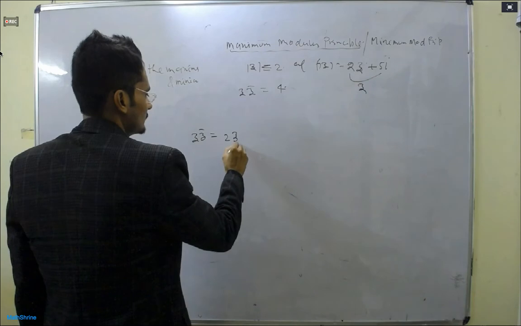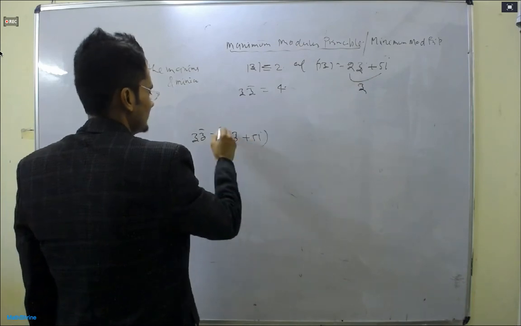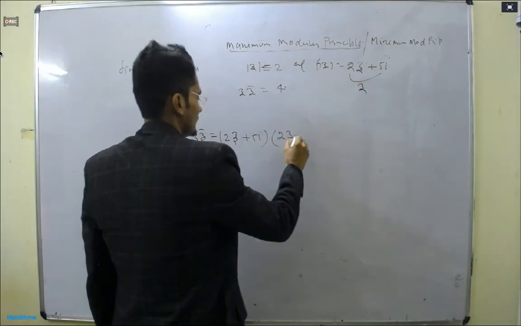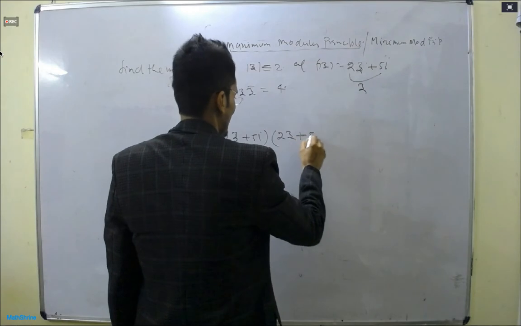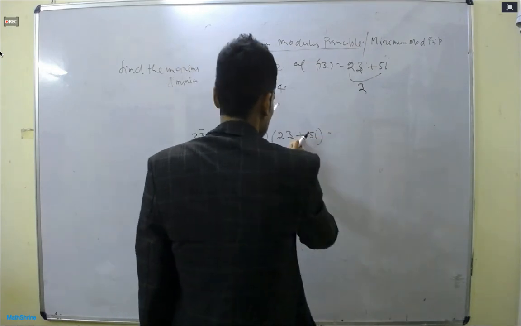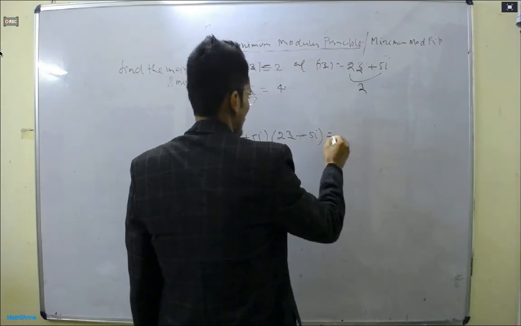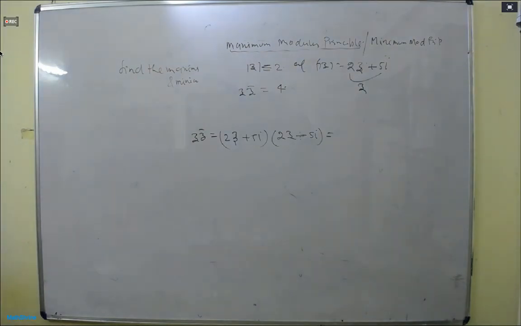So 2 into 2 is 4z square plus 25, remaining plus, in calculation.